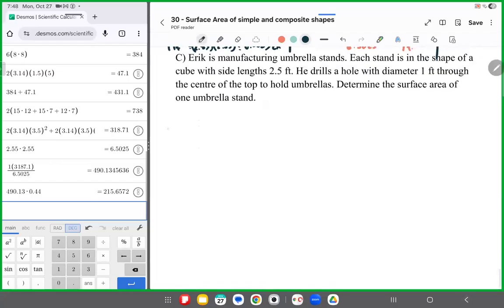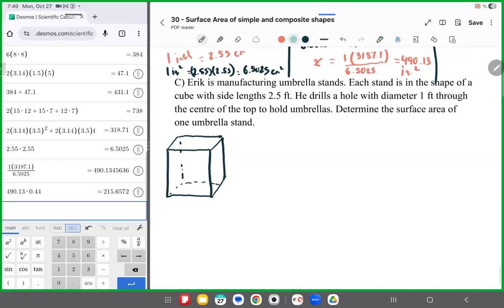Okay. So we have a rectangular prism. We're using the same unit, so we're okay. So each of these corresponding sides is going to be 2.5 feet, like so.